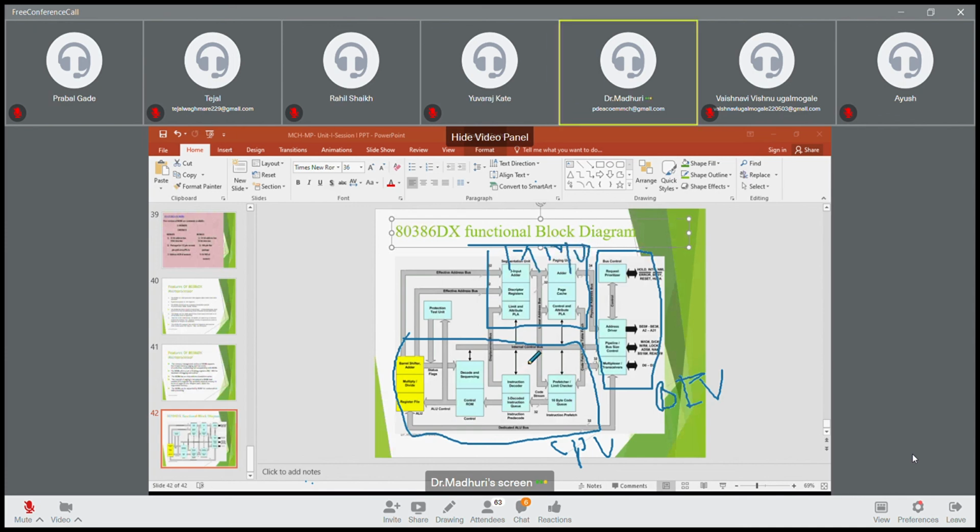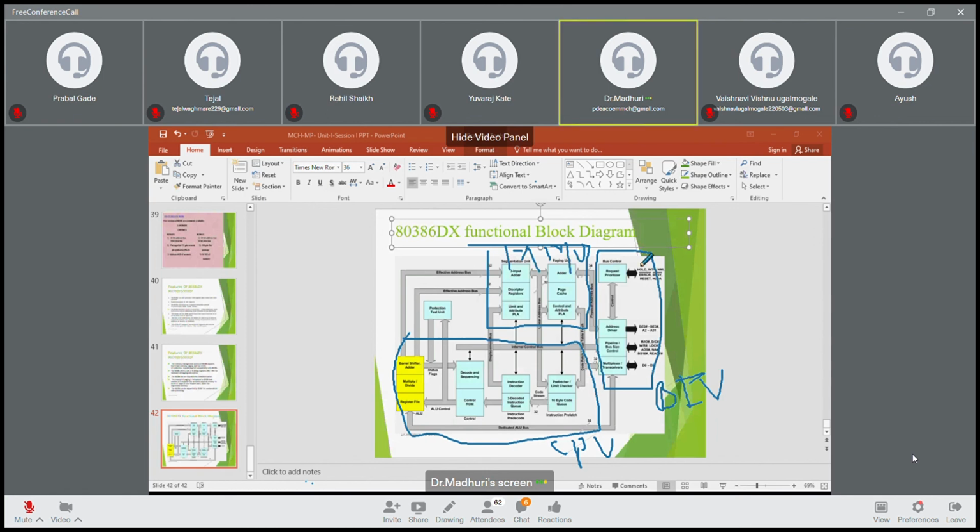Now, why am I explaining this? In the central processing unit, it will do all the prefetching, decoding, and execution. It performs all the operations. The bus interface unit performs operations like interfacing, accepting the data from the input-output unit.